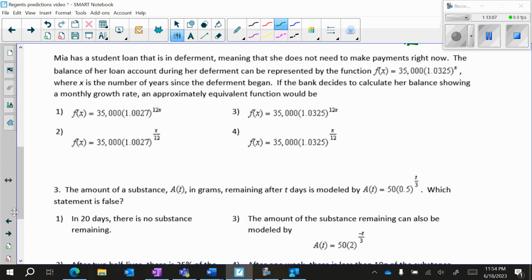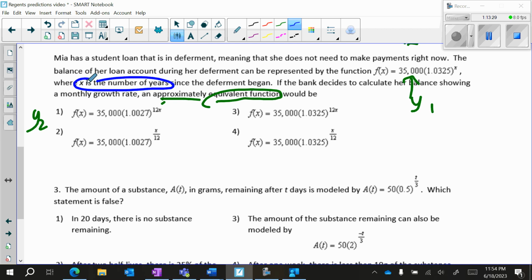So now you're definitely going to get one where they ask you for an equivalent function. You can technically use the y1, y2 method, where you put one in y1, the other in y2, and see if it graphs on top of itself, or approximately, because this is approximate. In this case, they give you the annual rate, because they're saying that x is in years.